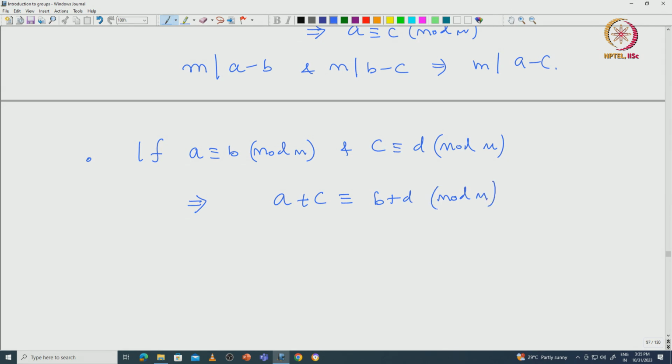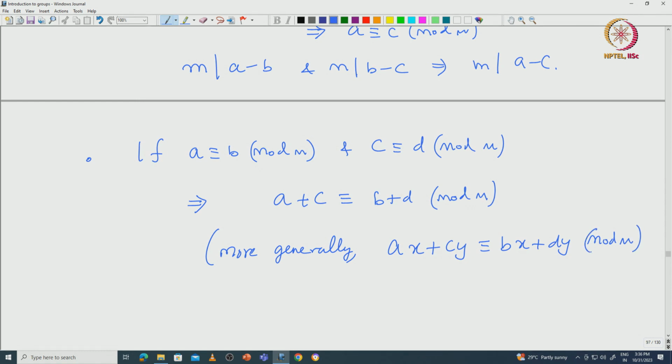And more generally, one can take any combinations. You can take ax plus cy, which is congruent to bx plus dy modulo m.